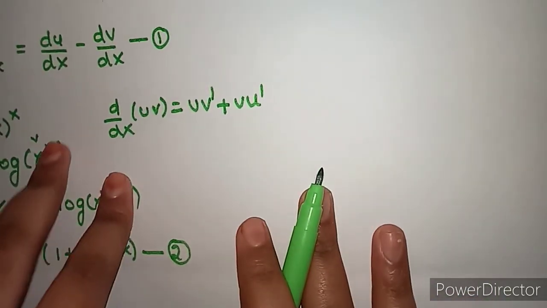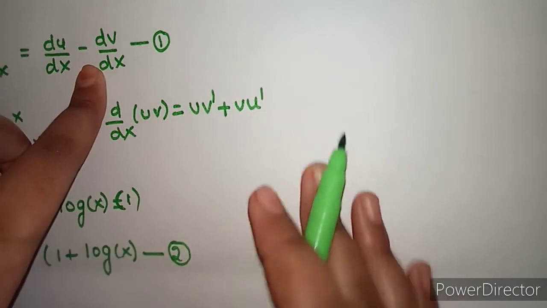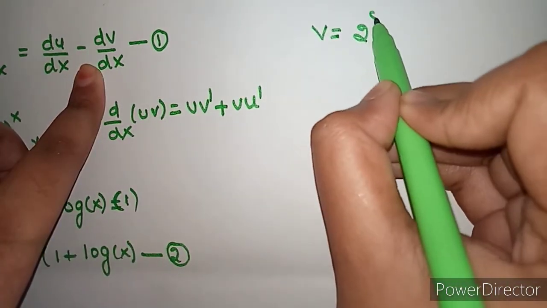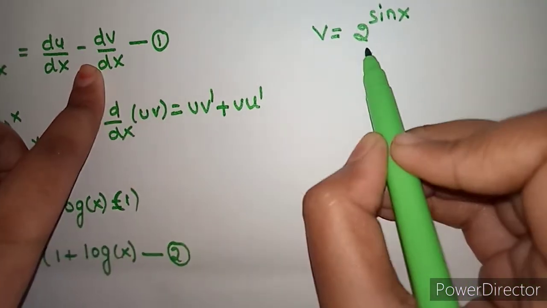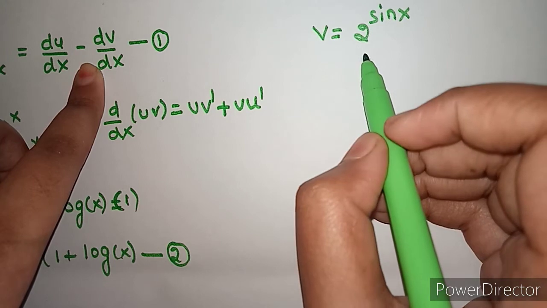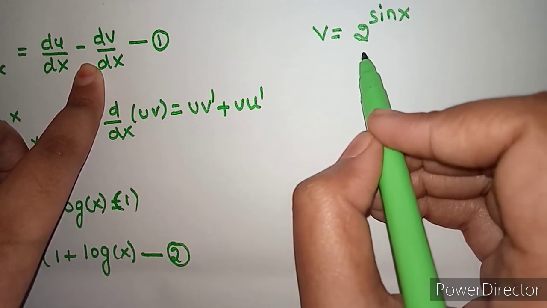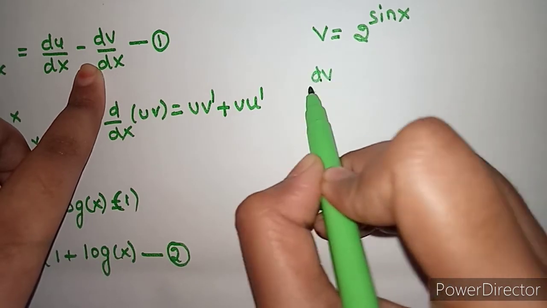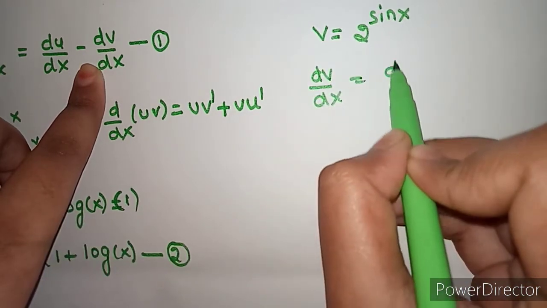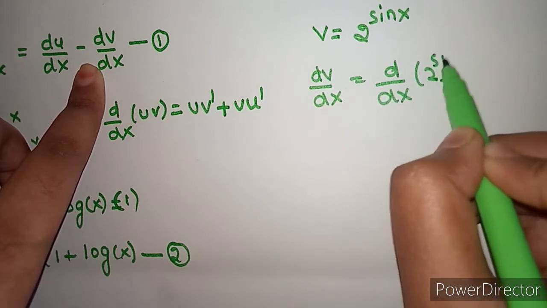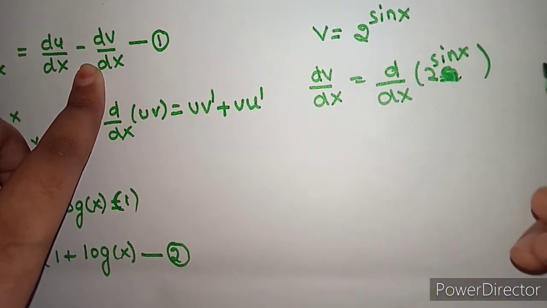Now let's find dv by dx. For that, I'll take v is equal to 2 power sin x. See, here we have a constant. This is not a variable, so I can't take log here. I need to take differentiation. We need to differentiate on both sides. So dv by dx is equal to d by dx of 2 power sin x.